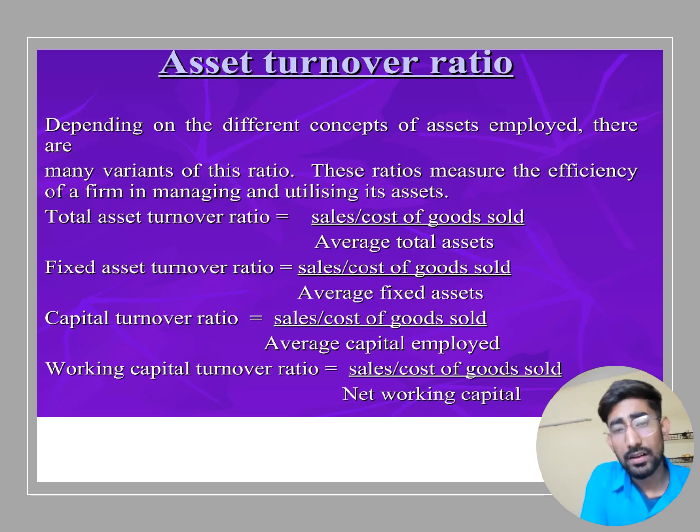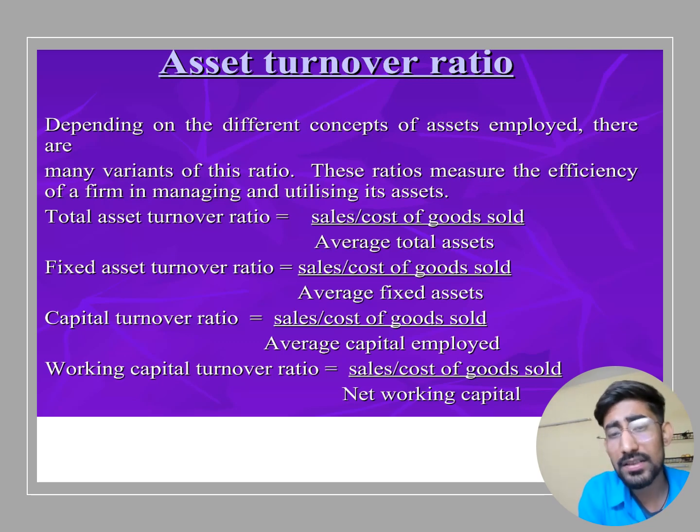Now coming to asset turnover ratio. Depending upon the different concepts of asset employed, there are many variants of these ratios. This ratio measures the efficiency of a firm in managing and utilizing its assets. There are four or five types of turnover ratio. The first one is total asset turnover ratio.